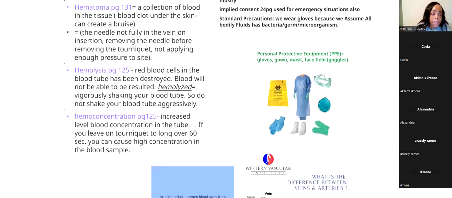The third H word is pronounced hemolysis, H-E-M-O, lysis, hemolysis, okay? That's on page 125, and what that is, is red blood cells in the blood tube have been destroyed. Blood cannot be resulted if the red blood cells in that blood sample have been destroyed.